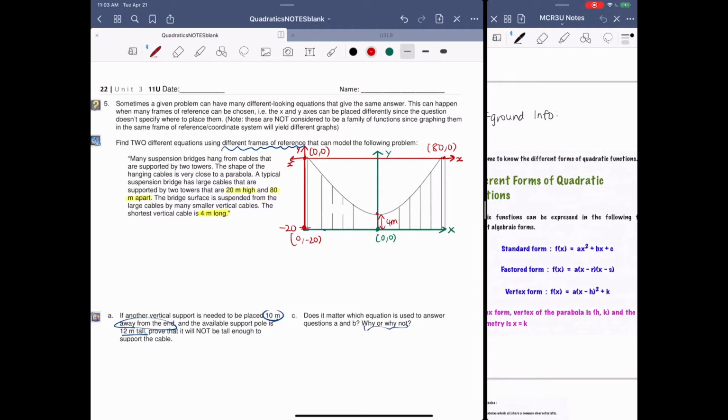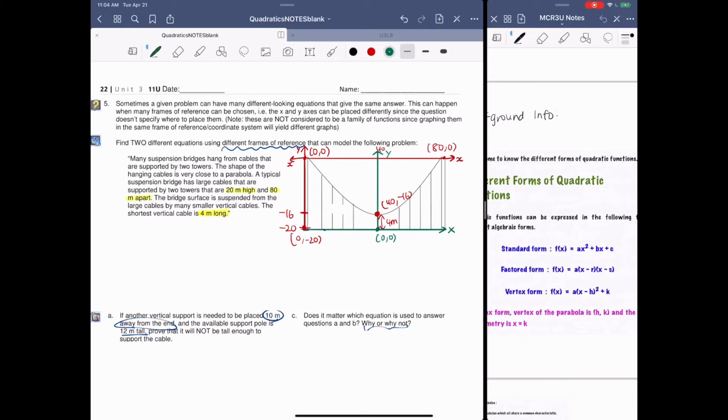And so that means my vertex of this parabolic shape that this bridge creates is of the coordinate, well, halfway through of 0 to 80 is 40. So that means my x value is 40 for the vertex. And my y value, well, if there's a distance of 4 meters from -20 to this point, this must be -16. And therefore, my vertex is (40, -16) if you look at it in the red version way.